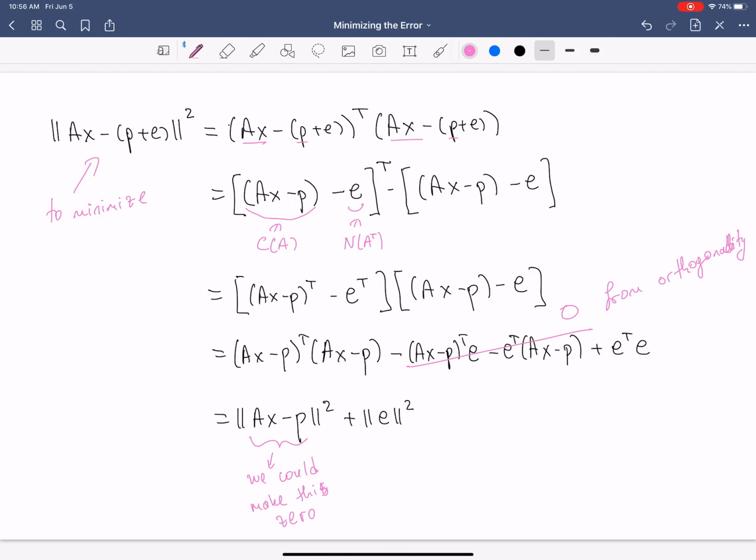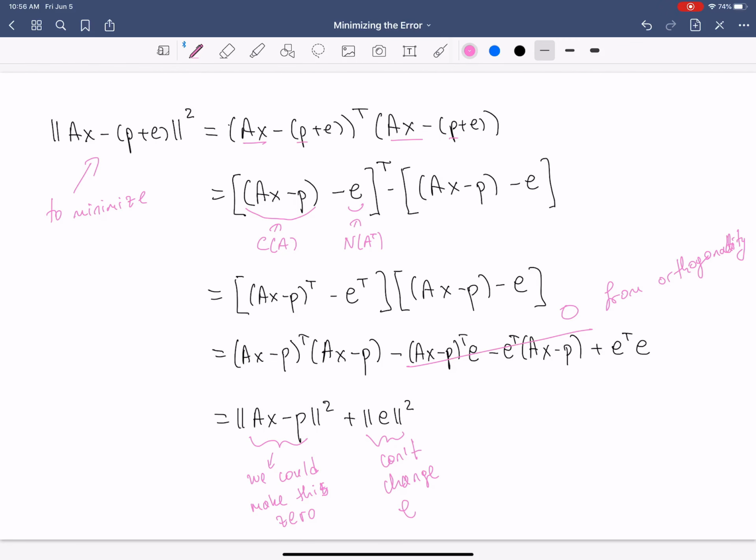Why could we make this 0 but we cannot touch the error? Or can't touch E? The reason is that we have control over the choice of X.